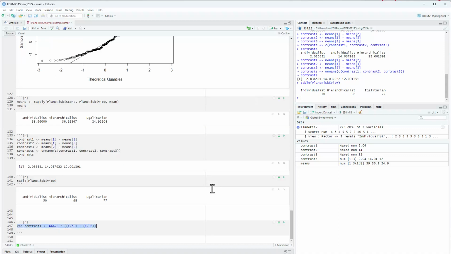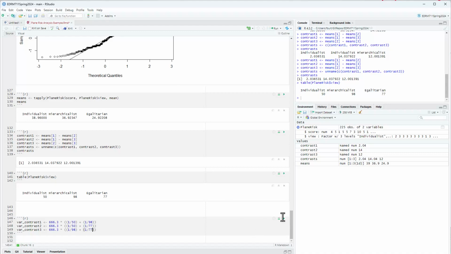Let's go ahead and copy that and make this real quick for the other contrasts. For contrast 2, which is individualist and egalitarian, I just need to change that 98 to 77. And for contrast 3, I need to change the hierarchicalist 98 and 77 for egalitarian. So those are my 3 variances.